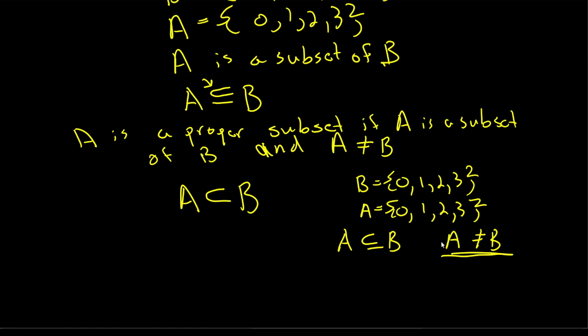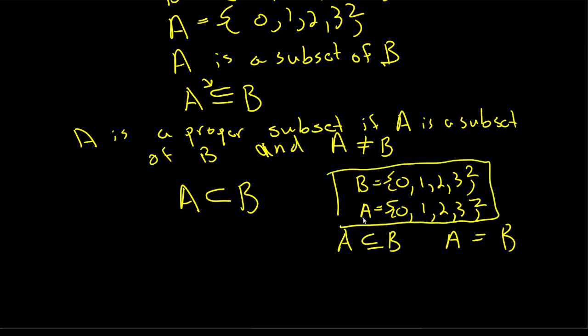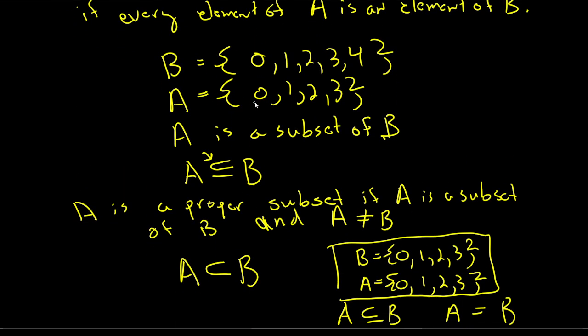So this relationship is not a proper subset. A is not a proper subset of B. Now, in our original example, where A has one less element than B, A is also a proper subset of B.